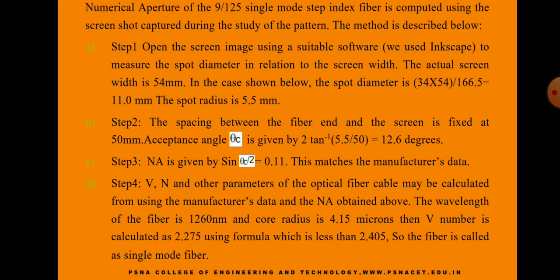These are the values we take from the manufacturer data. In the manufacturer data only the core diameter is given, so we divide it by 2 to get the core radius.